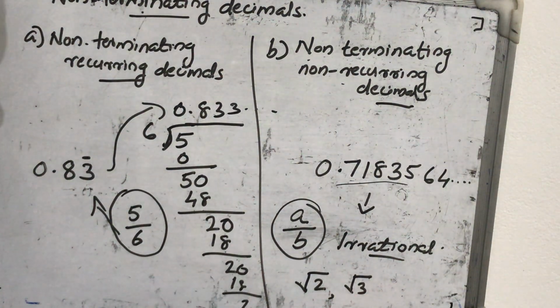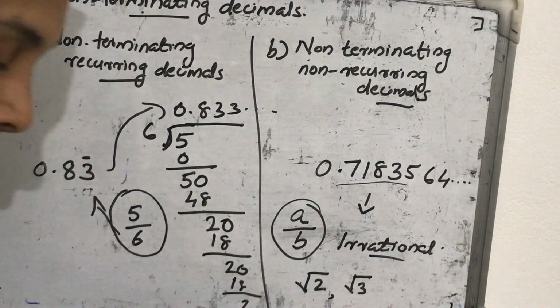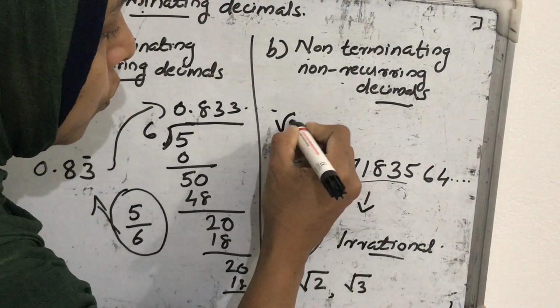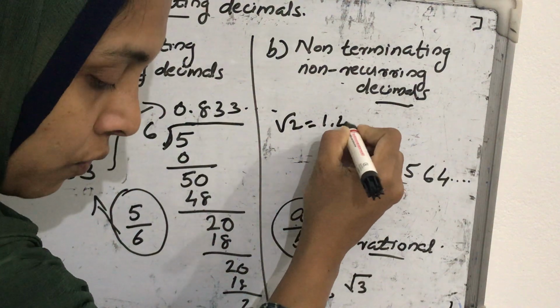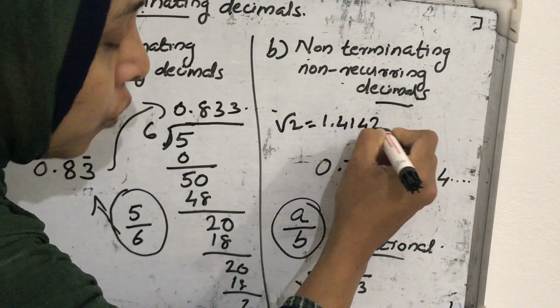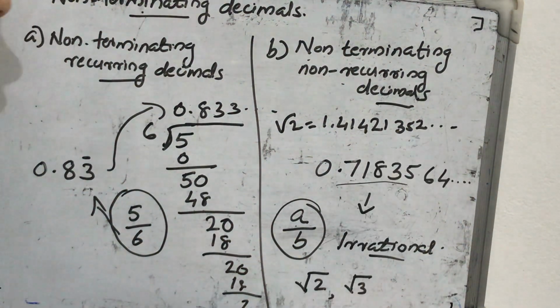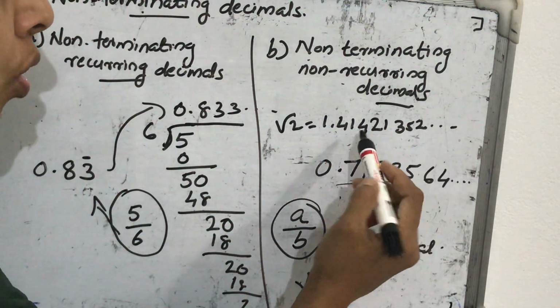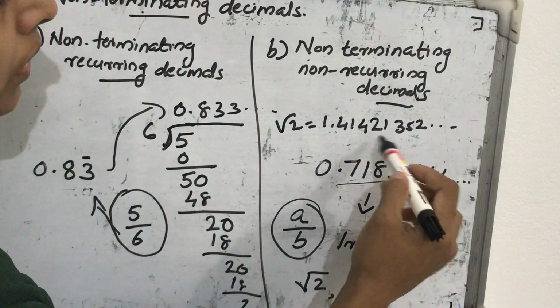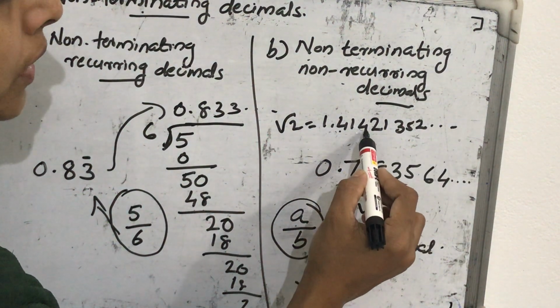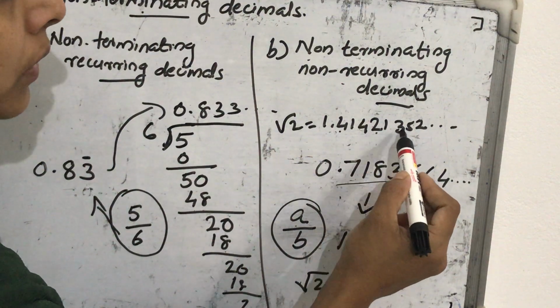Their values are also given in the textbook. Root 2 is given as 1.4142135. In this, is any digit repeating continuously? No. It is not repeated: 4, next 1, next 4, then 2, then 1, 3, 5, 2.